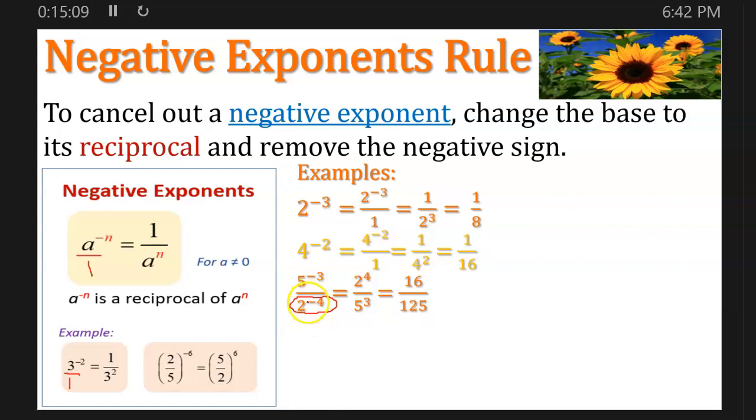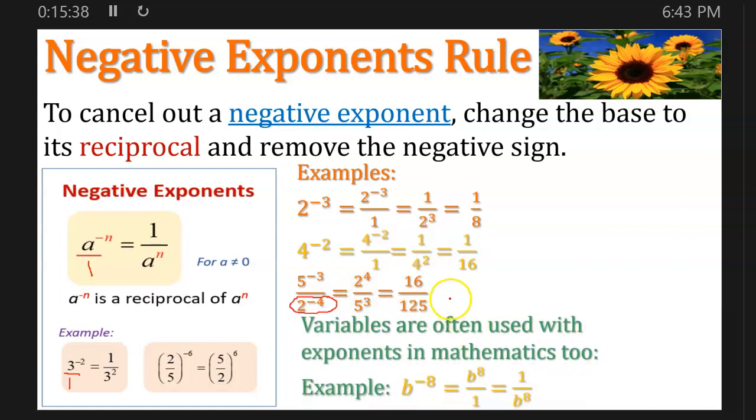Same with this. If you have a negative exponent in your denominator, move it to the numerator and it will go away. You'll see a lot of examples of this kind of thing in the simplifying exponents video, okay? So now that we know about this being positive and this being positive, we can multiply all of those out. 2 times 2 times 2 times 2 is 16, and then 5 times 5 times 5 is 125.